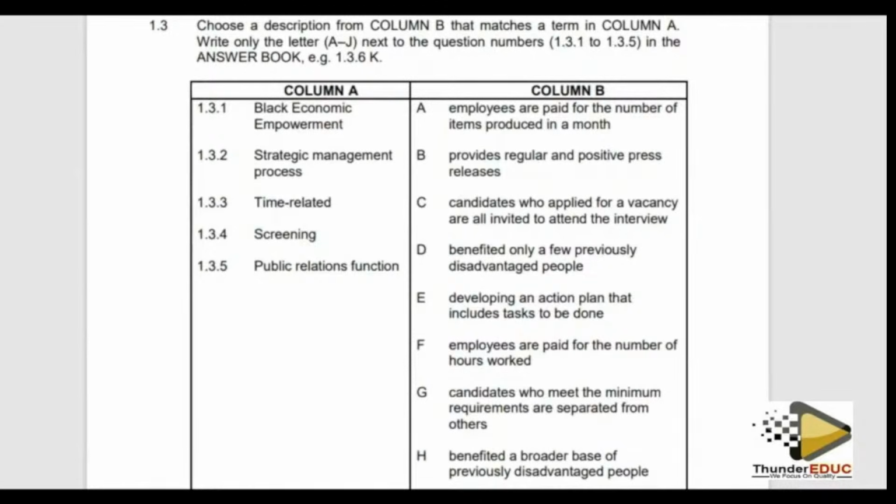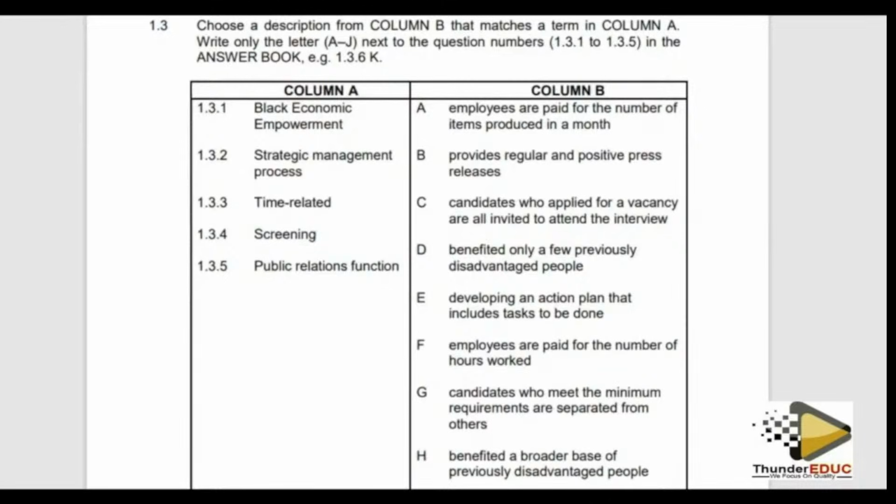1.3.1, we have Black economic empowerment. And Black economic empowerment, as I said in a previous question, was benefiting only a few people who were disadvantaged.